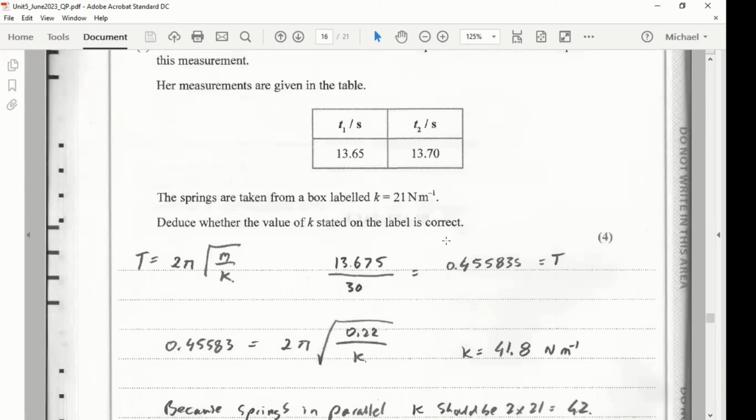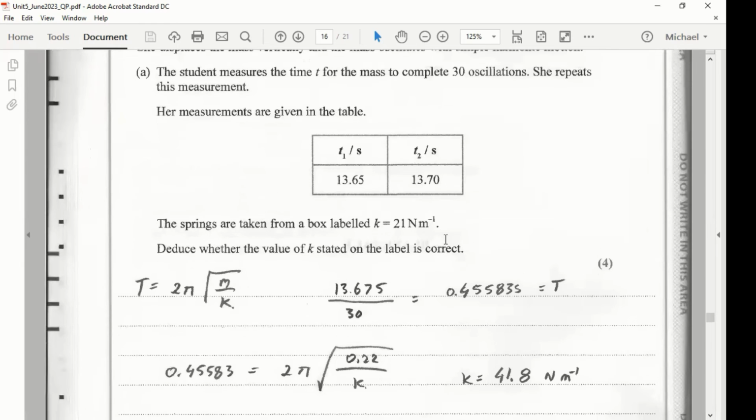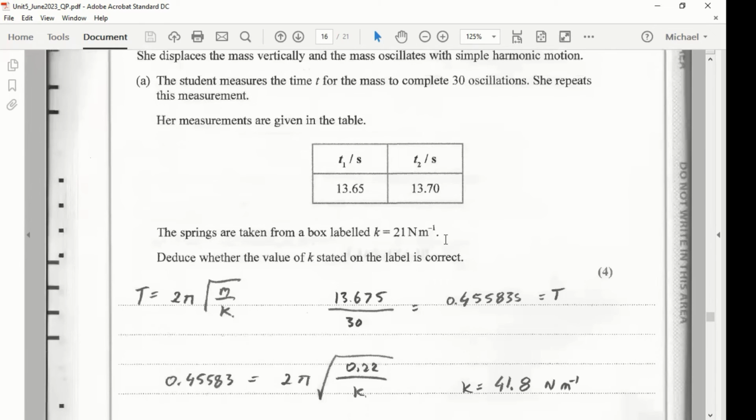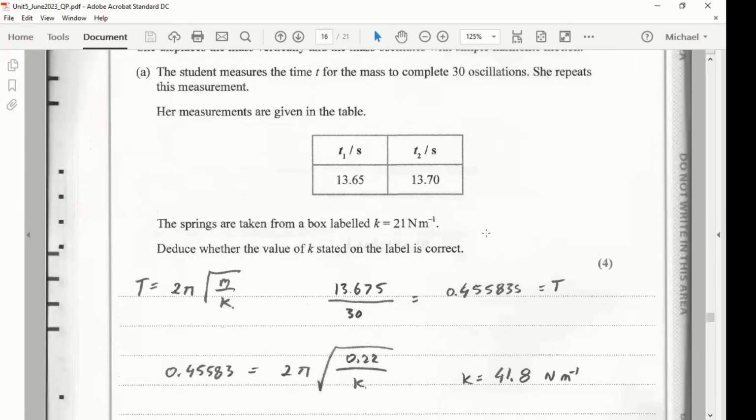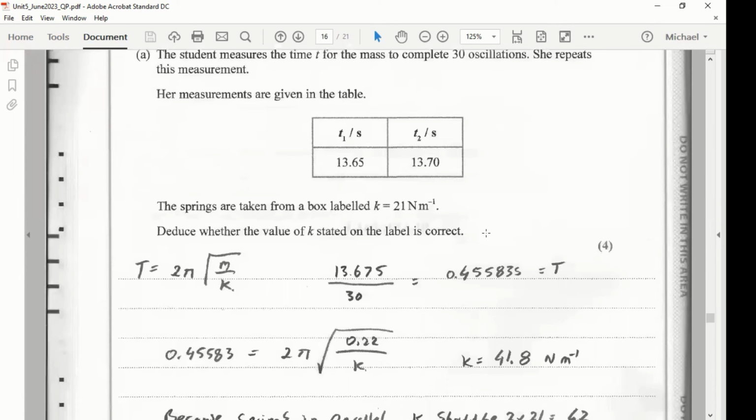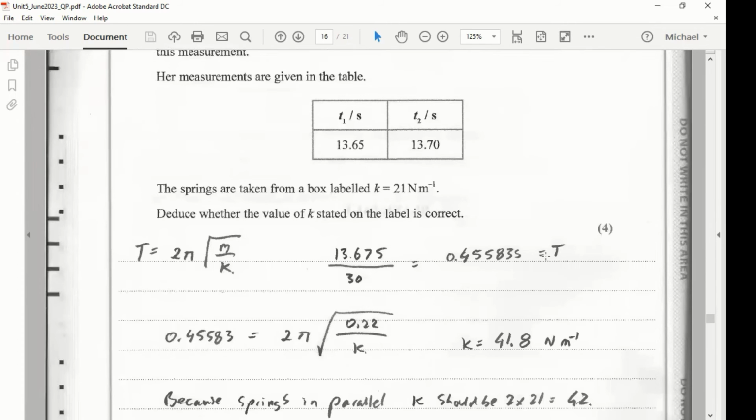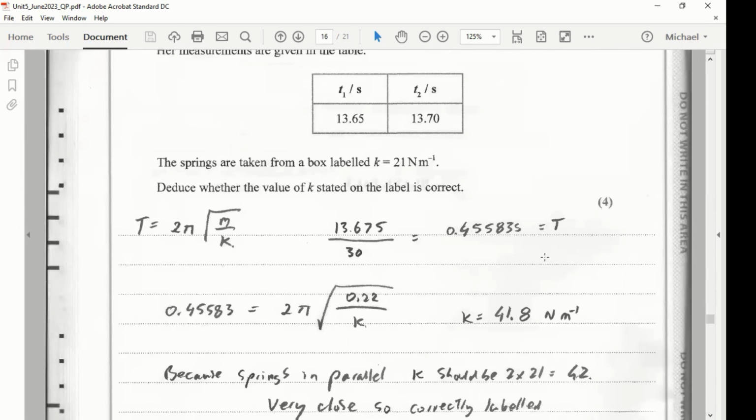Oh, because there were 30 oscillations. So I averaged these two numbers, divided by 30 to get the time for one oscillation, 0.5583 seconds. That equals 2 pi, root 0.22 over K. Solve for K. K is 41.8 newtons per meter.